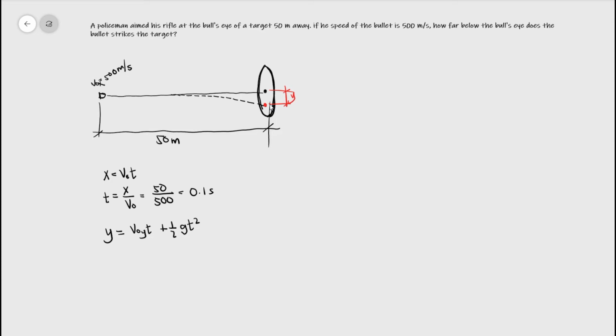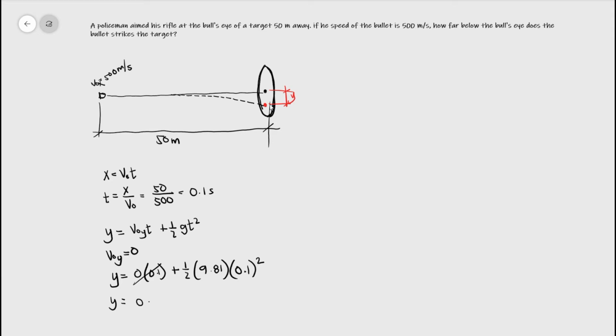Now we know that the initial velocity of the bullet along y, since it is traveling downward, is equal to 0. Therefore, y is equal to 0 times 0.1 plus 1/2 times the gravity, 9.81, times the time, 0.1 squared.